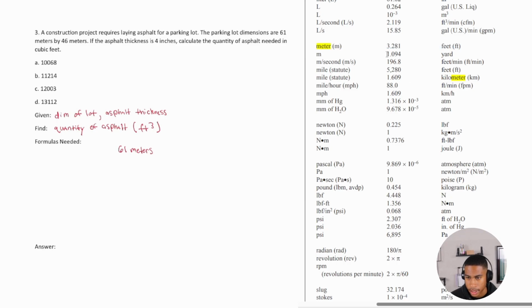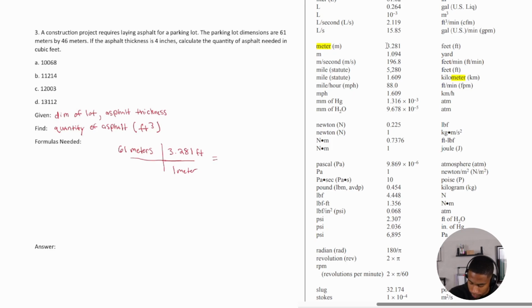So I'm gonna multiply my meters by 3.281. So 1 meter is equal to 3.281 feet.